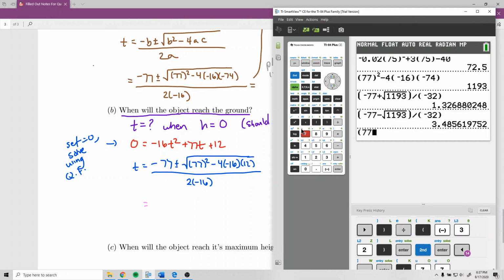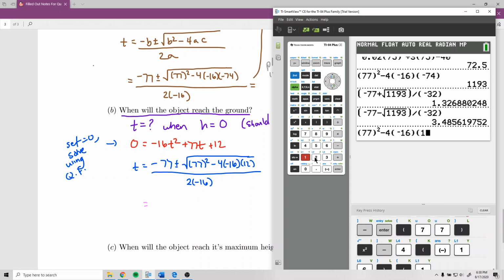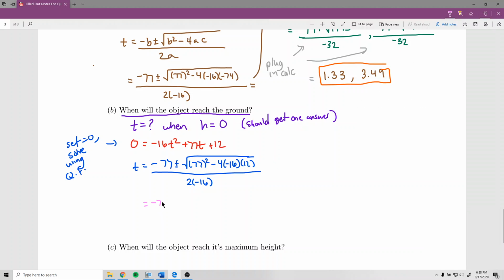So we got 77 squared minus 4 times negative 16 times 12. And this time we get 6,697 inside, all over 2 times negative 16, which is negative 32.